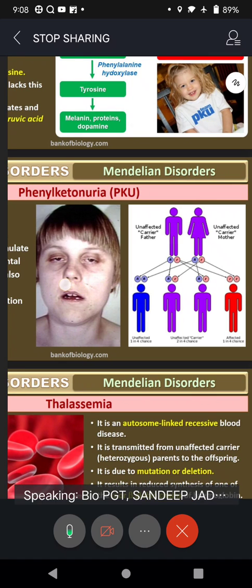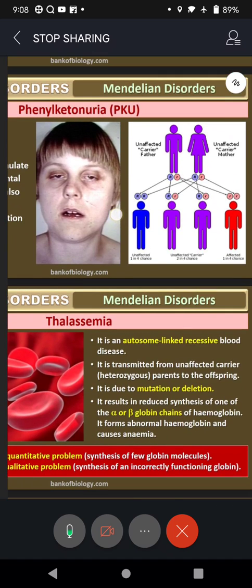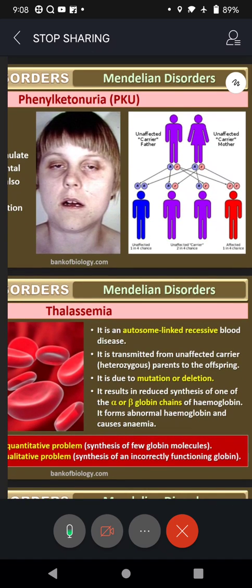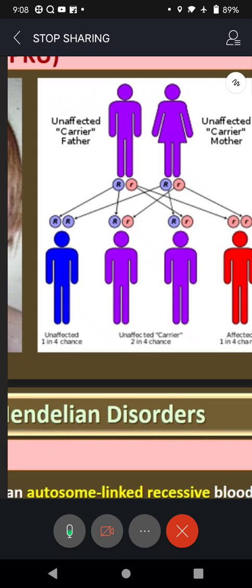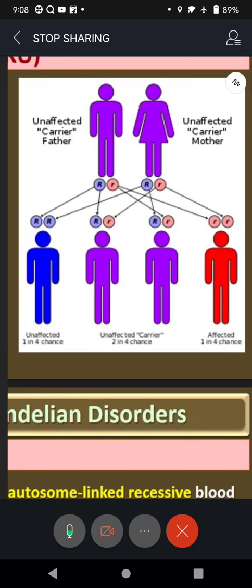Okay. Now again, one has to be careful about this during marriage. Remember, this is autosomal. So an unaffected carrier here, since we are talking of autosomes, can be both. You cannot blame the female here, because both male and female will be having autosomes. So unaffected carrier father, unaffected carrier mother, right?